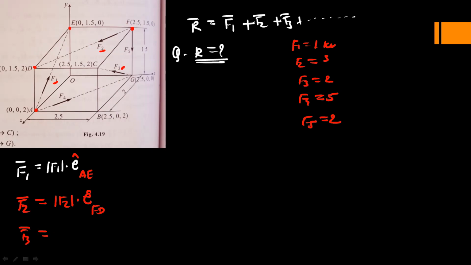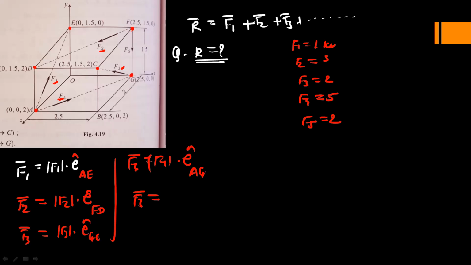So this is the force F3 from point G to the point C. So unit vector GC. F4 bar is mod F4 into unit vector. So this is the F4 starting from A to the point G. So unit vector AG.